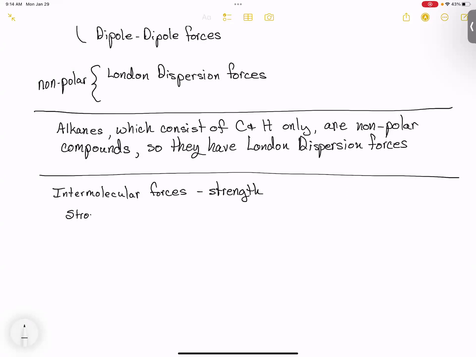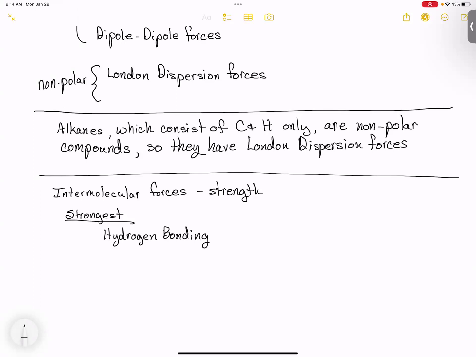The strongest intermolecular force is going to be that of hydrogen bonding. Because the strength of intermolecular forces is all dependent upon how long a positive exists.